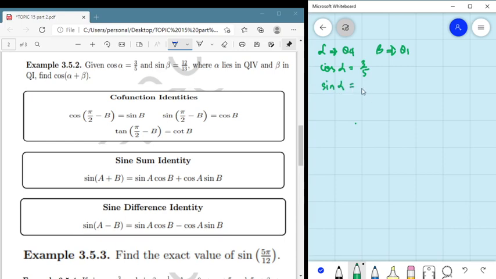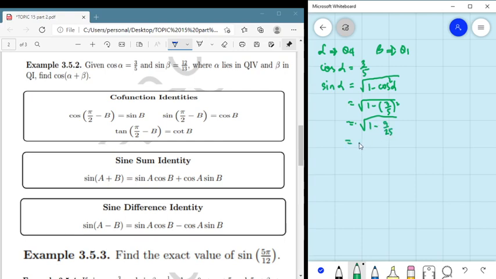We learned last time that sine alpha is equal to the square root of 1 minus cosine squared alpha. Replacing cosine alpha with 3 over 5, we have 1 minus 3 over 5 squared, which gives us 1 minus 9 over 25.